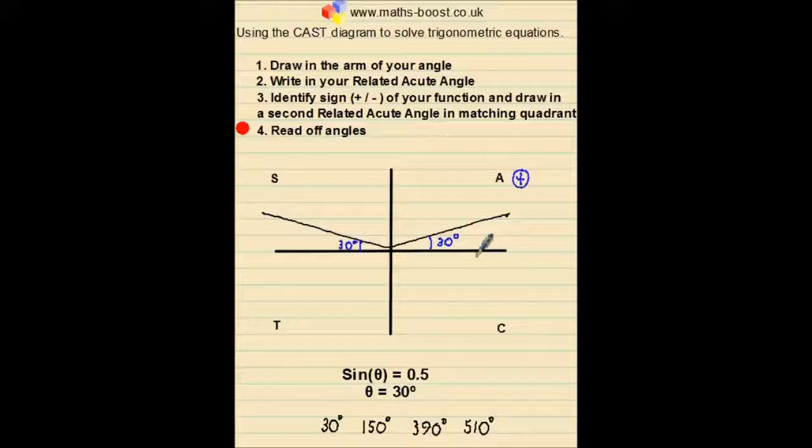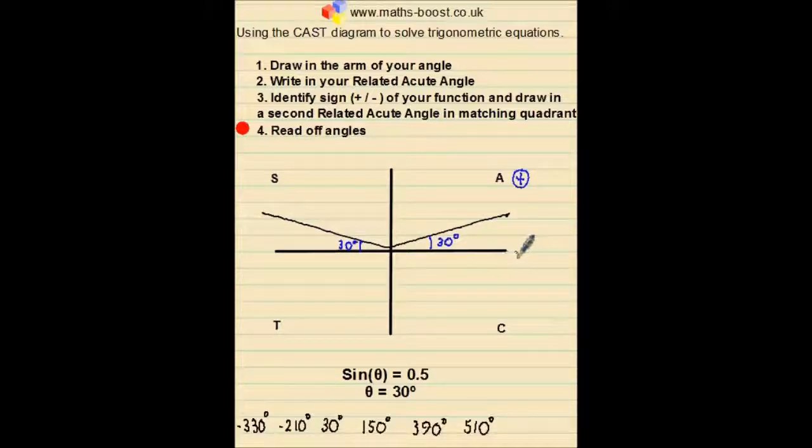But don't forget, we can also move in a clockwise direction to give us negative angles: minus 210 degrees and minus 330 degrees. And you can keep cycling around to build as many solutions as you need, depending upon the interval demanded by the equation.